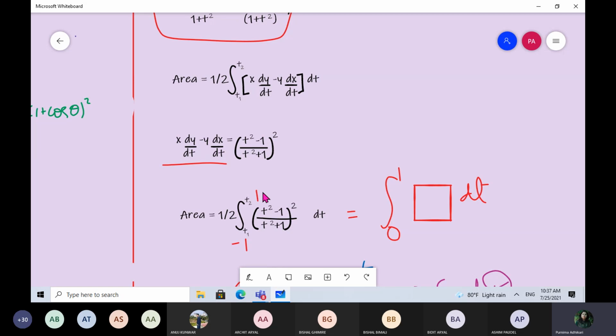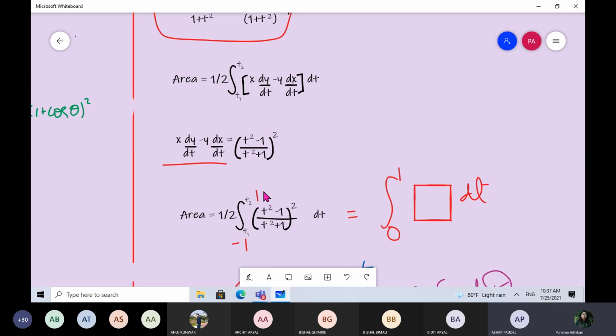Now we are changing the limits of integration from -1 to 1 to 0 to 1. Yes, let's say we made it 0 to 1. How did we make it 0 to 1? Yes, very important question. I will not tell you, you will tell me. How can we convert the limits of integration from -1 to 1 to 0 to 1?